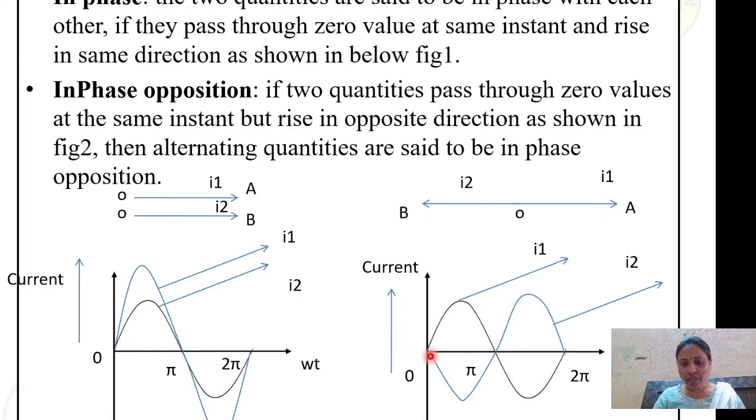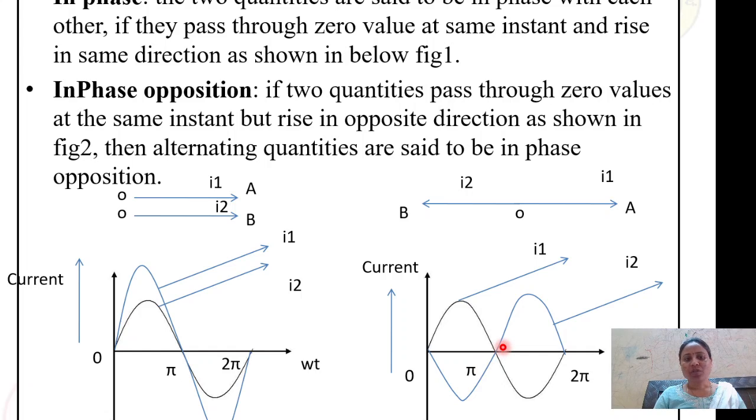So here you can observe that I1, the black line, and this blue line, when we look at the zero or the reference value, they are starting at the same time, but they are moving in opposite directions. See, the black line is moving upward, and the blue line is going in the opposite direction, downward.